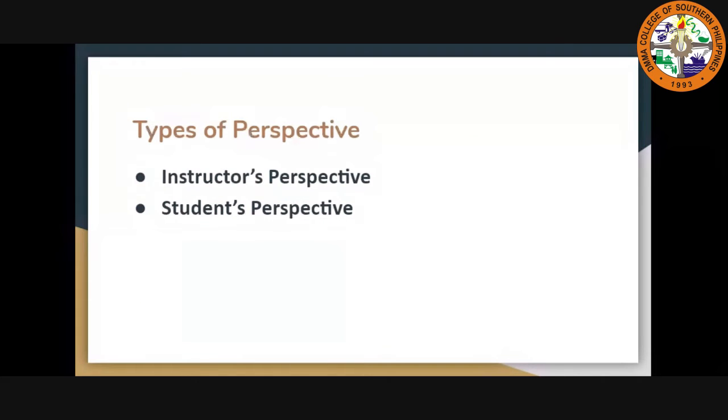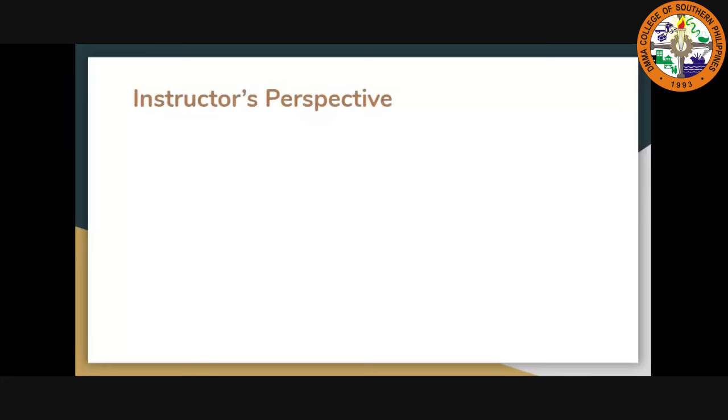There are two types of perspective or views in Google Classroom: the instructor's perspective and the student's perspective. In instructor's perspective, instructors can create a class and invite students to join the class.